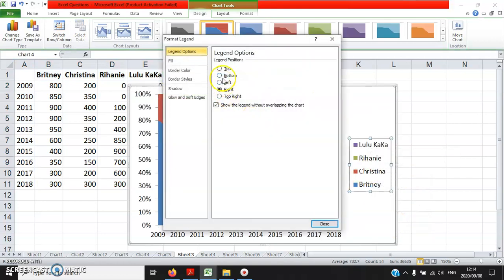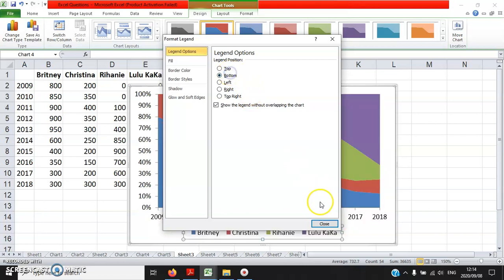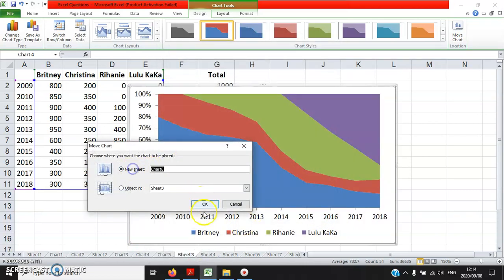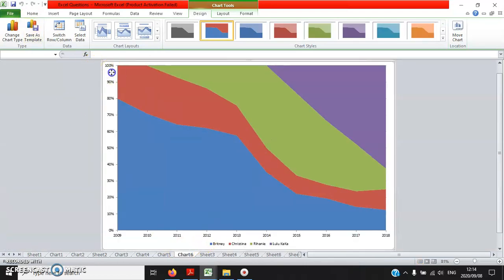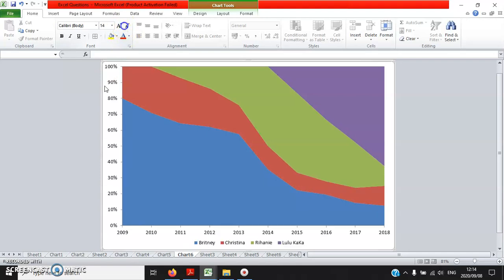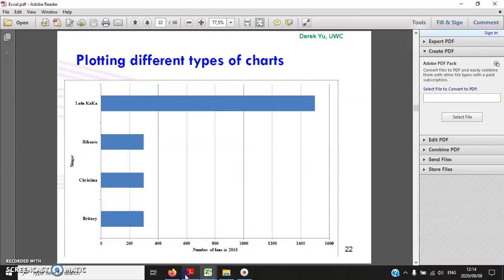I think there are still two more charts we have to do using this sheet number 3. This is the easier type, horizontal bar chart. So the question asks, can you only show the results in 2018?